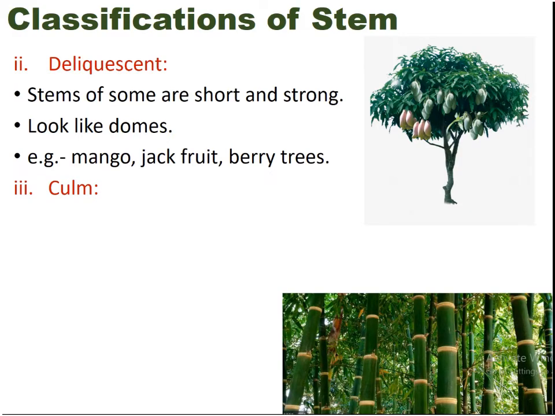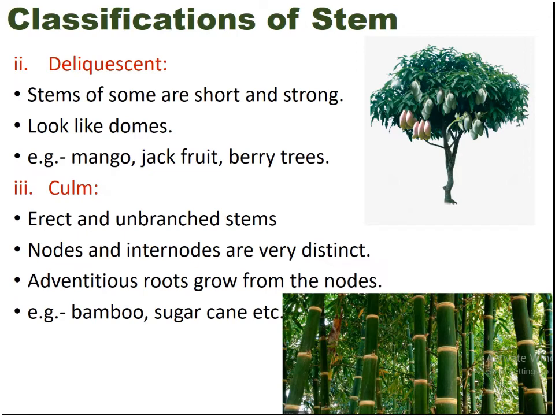Another strong branched stem is the culm. Here is the figure of this stem. The bamboo tree and sugar cane have this culm stem. They are erect and unbranched stems. See, there are no branches from the stem, and they have very distinct nodes and internodes.